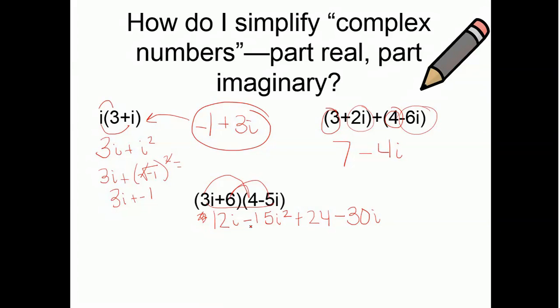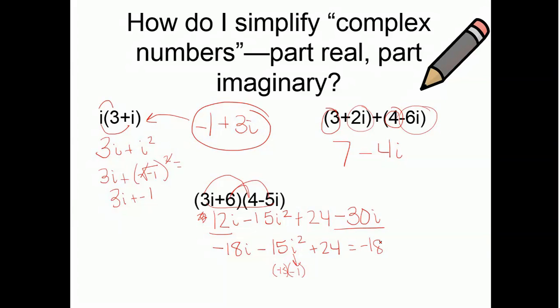Now, let's combine some like terms. So I got 12i and -30i. Well, I know that's -18i, right? Then -15i squared plus 24. Well, i squared, that's the same as -1. So technically, I have -15 times -1 right here. So basically, I'm going to get a positive 15.